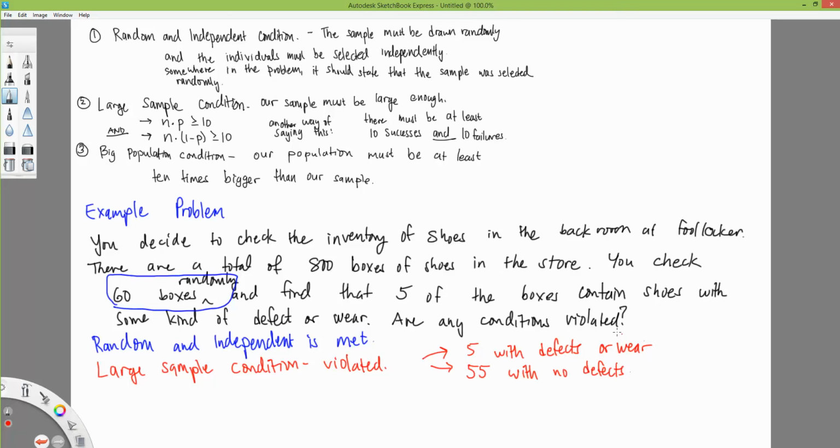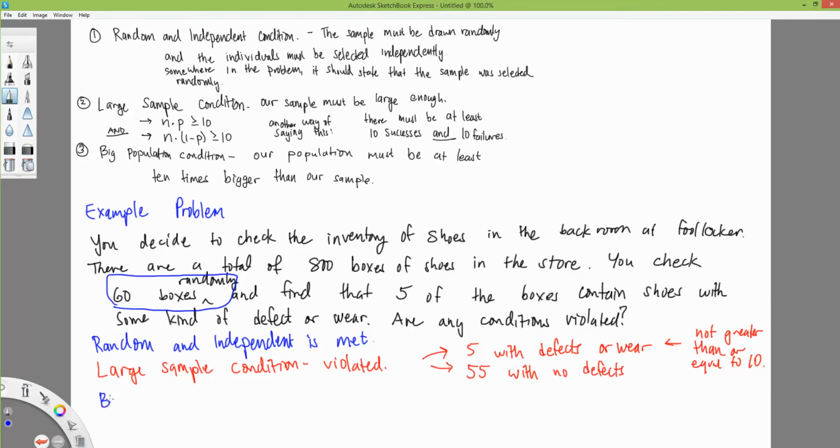But is 5 greater than 10? It's not. Not greater than or equal to 10. Okay, 55 is, but 5 is not. So because of this, our large sample condition is violated.